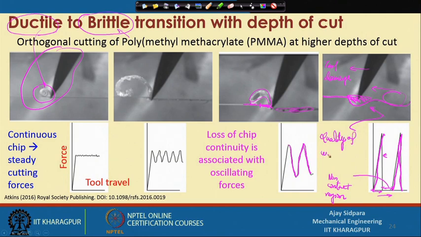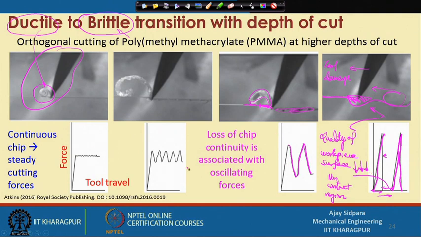The quality of the workpiece surface goes down. This is more important in precision machining, where we will cover the diamond turning operation, where our depth of cut is 1 micron or less than 1 micron, and you are cutting silicon and some type of brittle material.